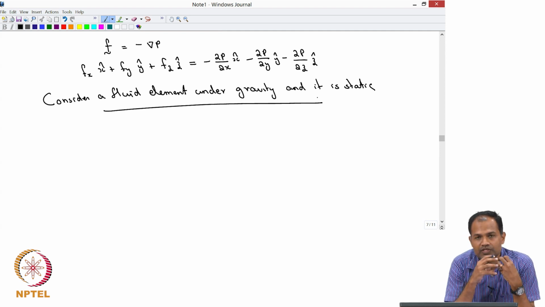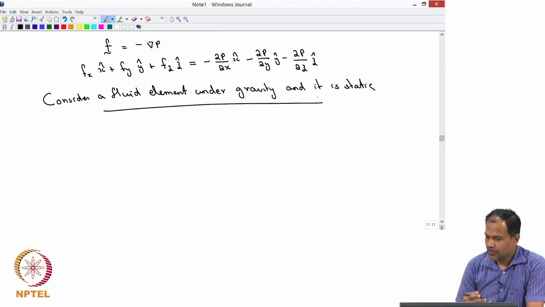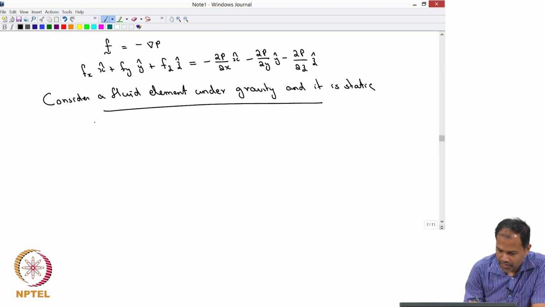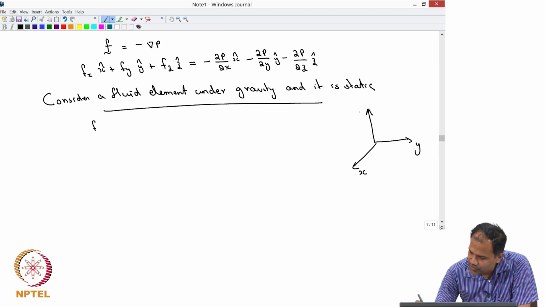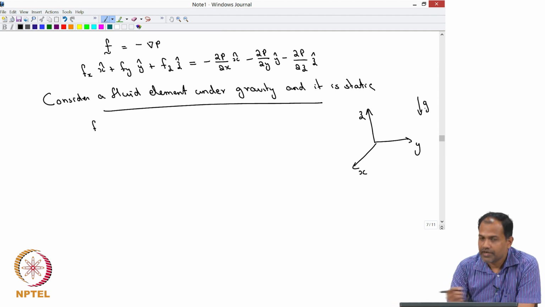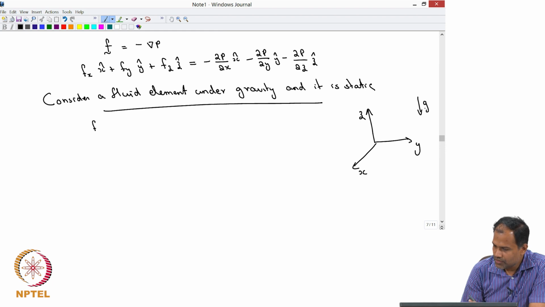The only force then that is acting on the fluid element will come from gravity. Okay. So, we will use the same coordinate system. So, that is your x, that is your y, that is your z, and gravity is acting in the downward direction. So, there is no force that is going to act horizontally.